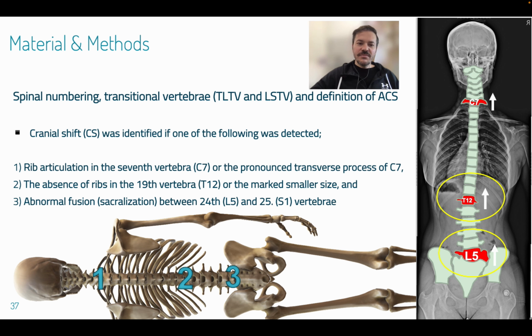And the absence of ribs in the 12th, 19th vertebra, what we call T12 in normal anatomy, relative to the normal anatomy, and the markedly smaller size of the 12th costas. And as a third measurement, we stated the abnormal fusion, sacralization between the 24th and L5, between the 25th and S1 vertebra, as sacralization. We collected and reported all this data.